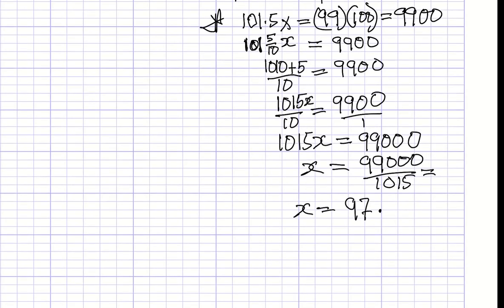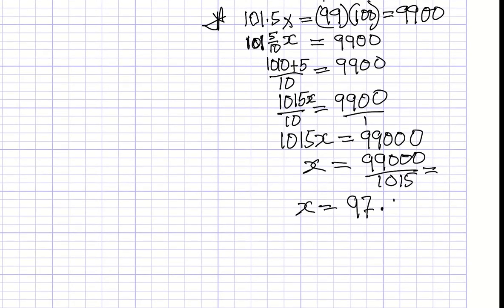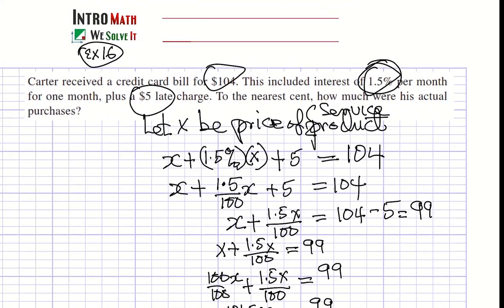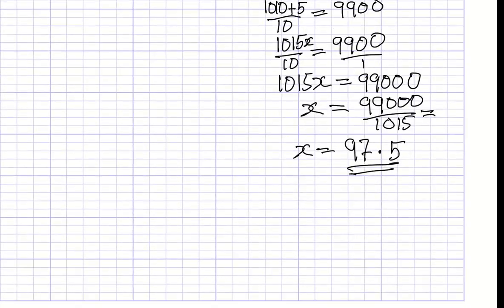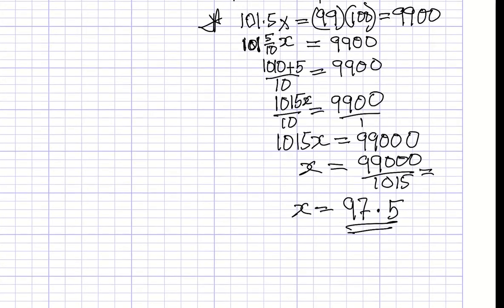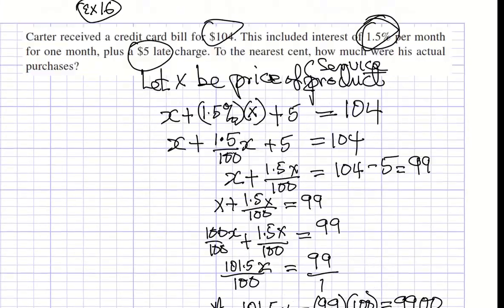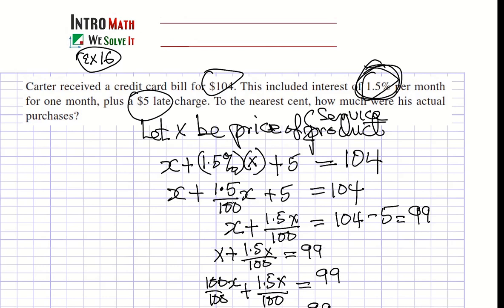That would be 97.5. That's what that would be, and that's in dollars. Right? That's the amount he paid before they add this, before they add that.